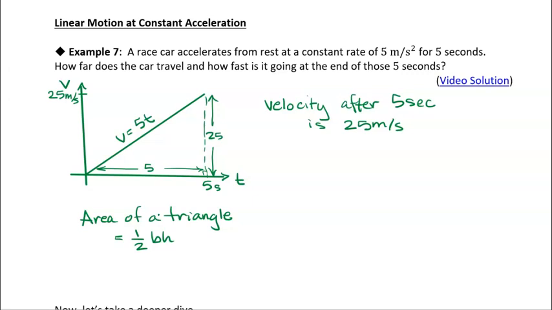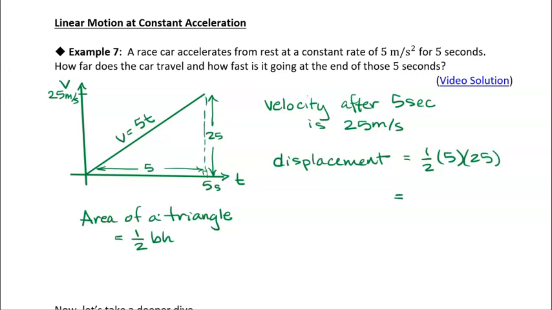And so our displacement at the end of 5 seconds is just going to be 1/2 times 5 times 25. It's just the area of a triangle. When we have constant acceleration, we end up with either triangles or trapezoids.